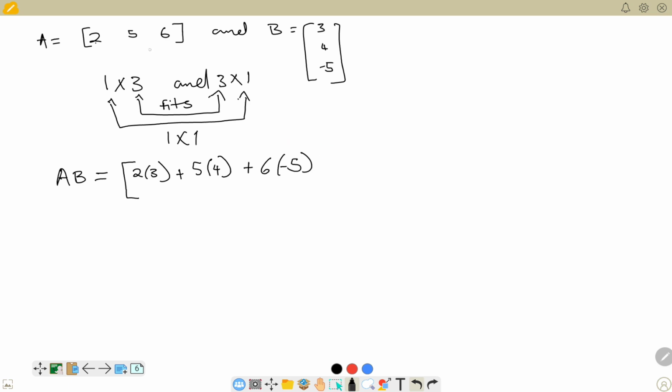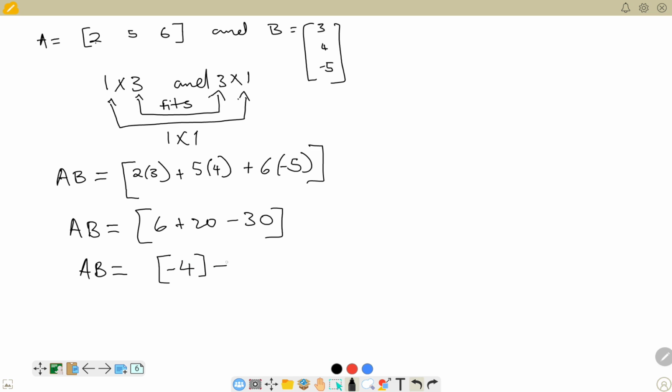So we do not have another row there. We only have one row, so we are done. And we know that we keep on adding until we are done multiplying the row by the column. So what we're going to have here is 6 plus 20, then minus 30. Then the answer to this is going to be minus 4. And this is a 1-by-1 matrix. So it means that our concept is true.